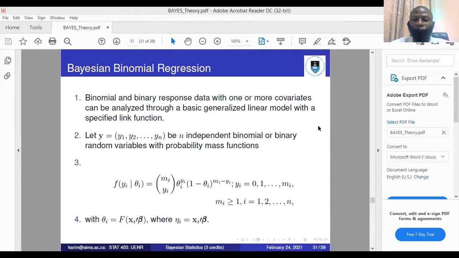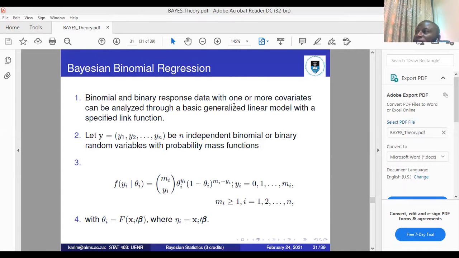All right, so let's move on. So here we are going to consider data that follows the binomial distribution. And that data are usually binary in nature.